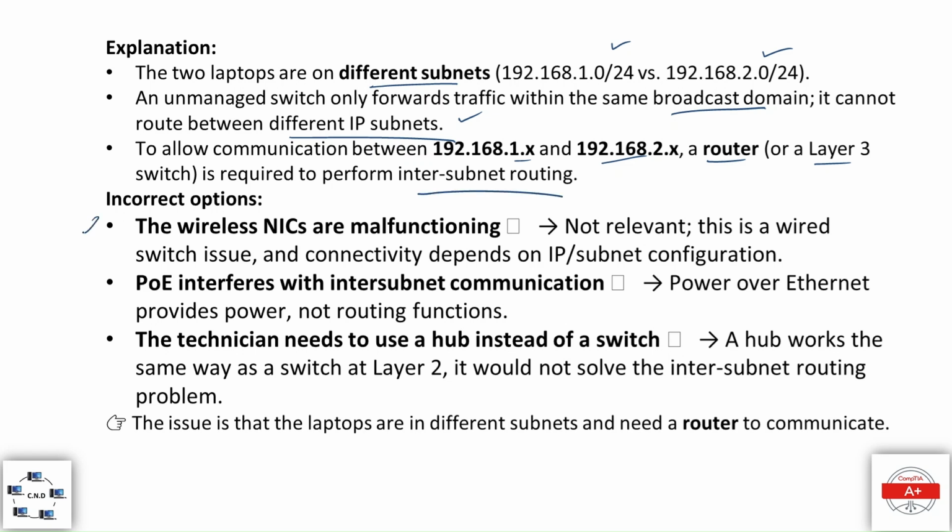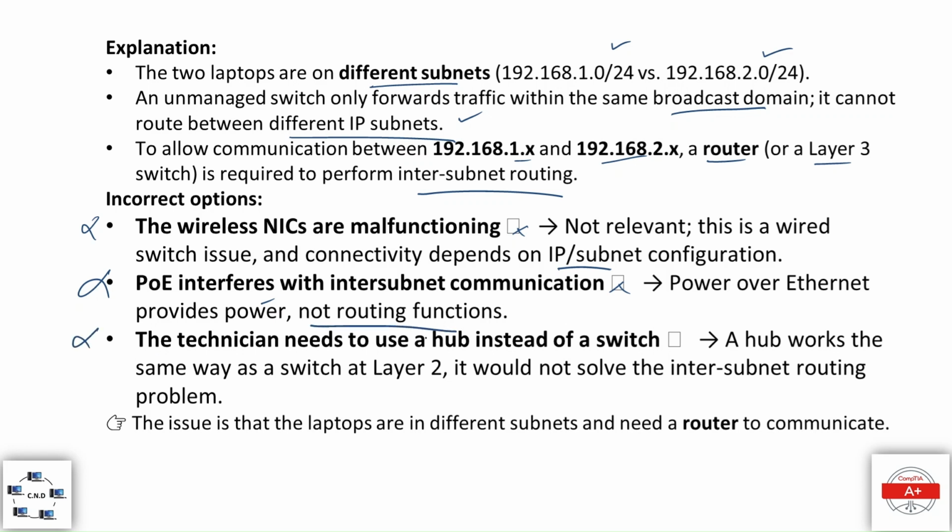So the incorrect options are the wireless network interface cards are malfunctioning. So this is not relevant. This is a wired switch issue and connectivity depends on IP and subnet configuration. PoE interferes with inter-subnet communication, so power over Ethernet provides power and it has nothing to do with routing function.